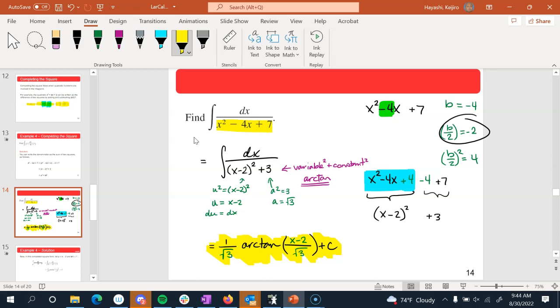But through completing the square, you can rewrite the expression to where it is more obviously in the form of something that you do know, arctan in this case. So being able to complete the square is important for being able to do these antiderivatives that integrate into being inverse trig functions.